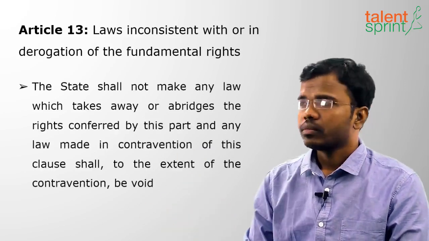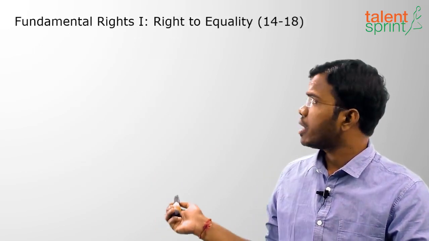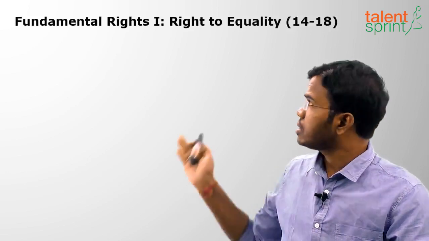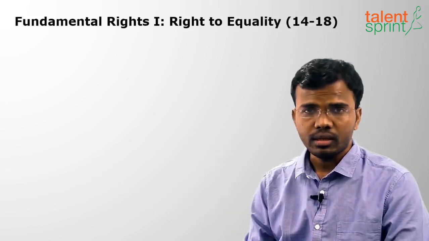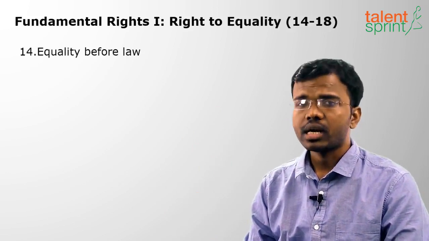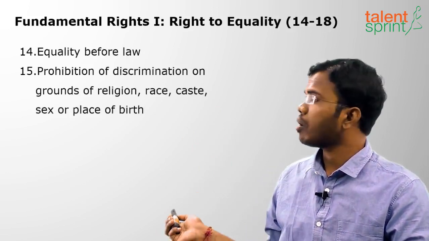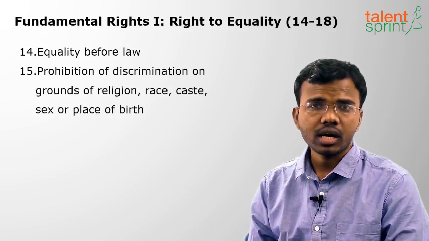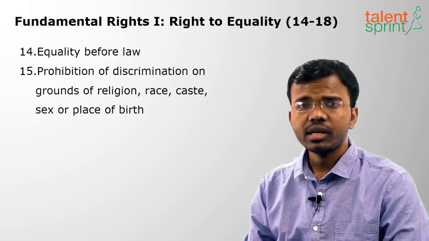Moving on to the first fundamental right, that is the right to equality, from articles 14 to 18. First is article number 14, equality before law. Article number 15 is prohibition of discrimination on the grounds of religion, caste, creed, gender and place of birth.